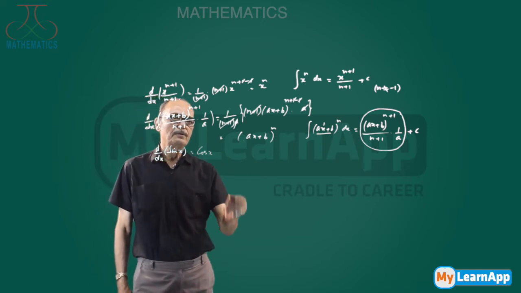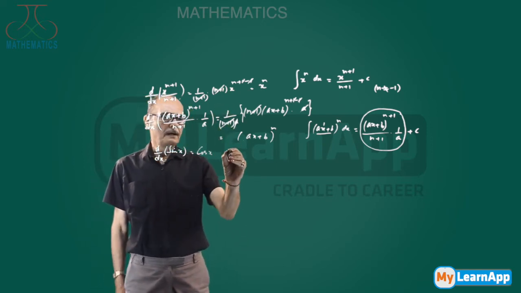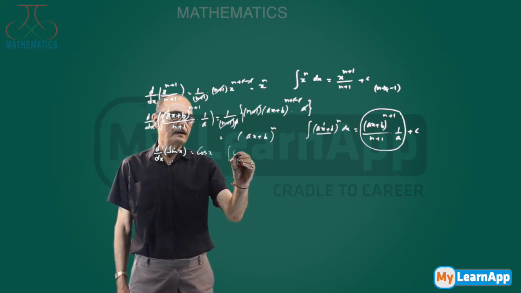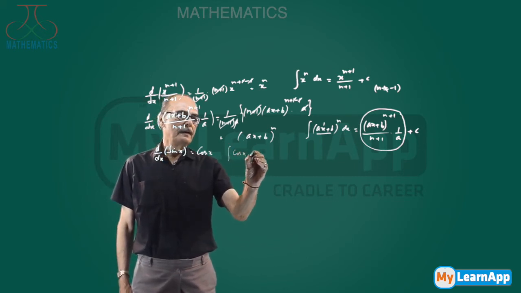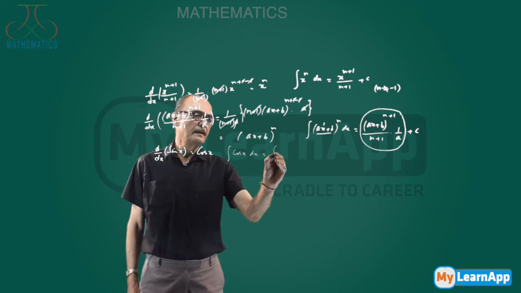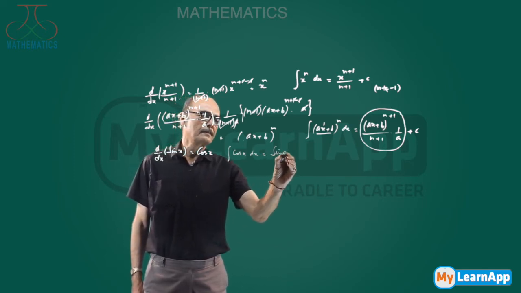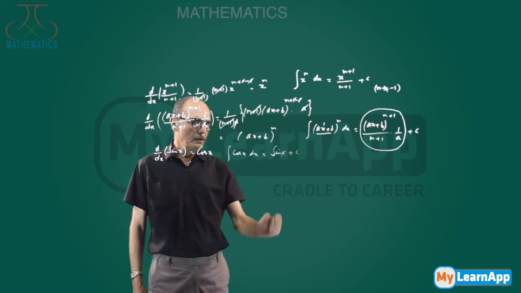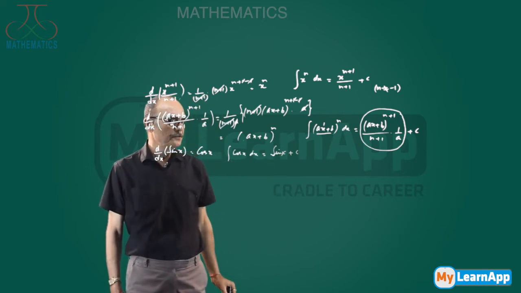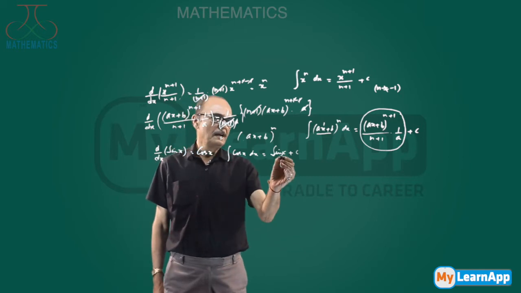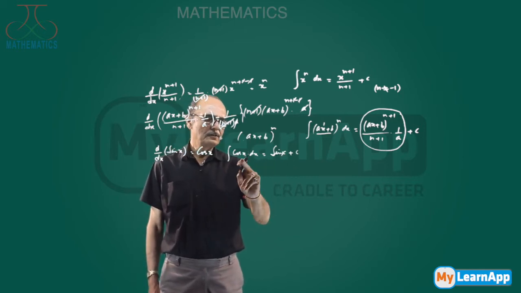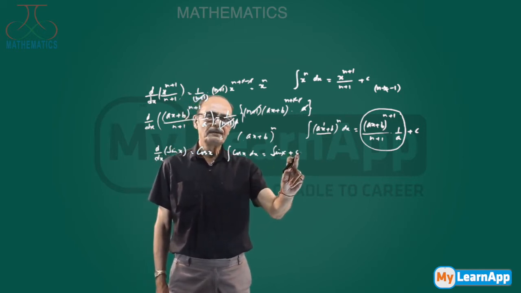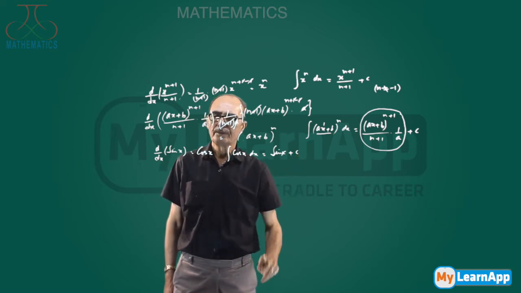So obviously, using the above concept, the integral of cos x dx is sine x plus constant c. Now if on the right hand side we differentiate sine x plus c, the derivative of sine x is cos x and the derivative of the constant c is 0.